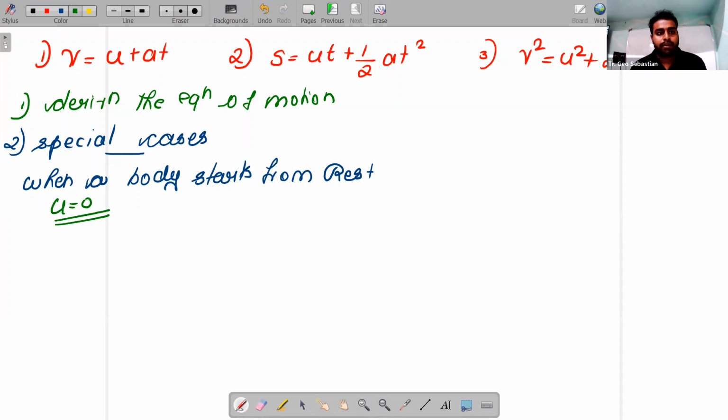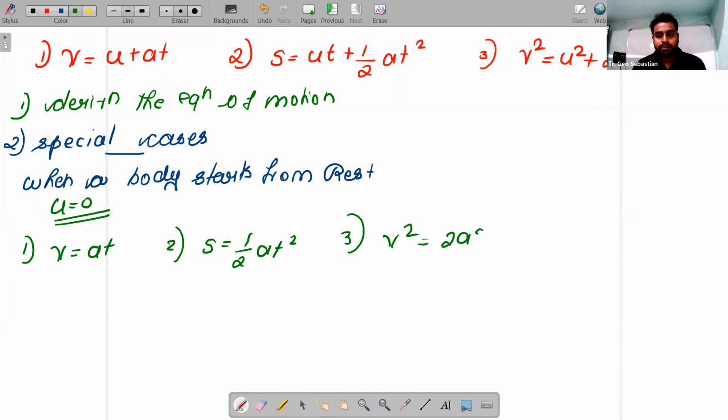Then what happens to the equations of motion? Children, u is equal to zero. Then v will be equal to at. The second equation, s is equal to half at square. And the third equation will become v square is equal to 2as, because in all the cases u will be zero. Fine. So this is the first case.